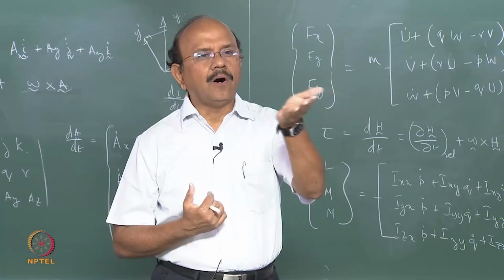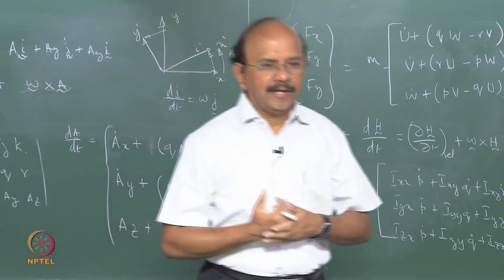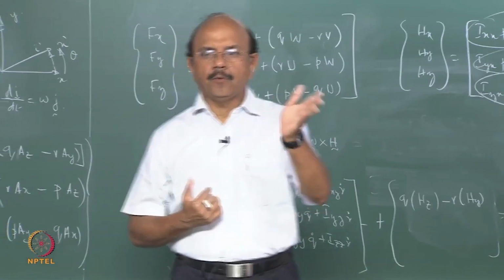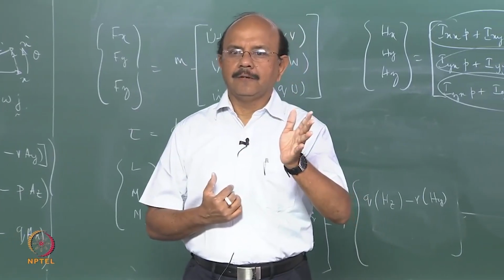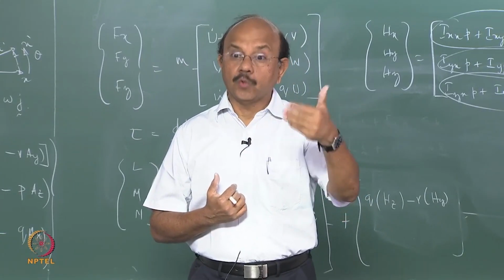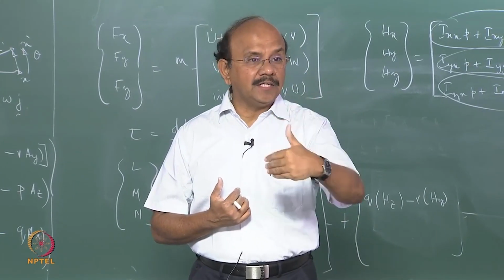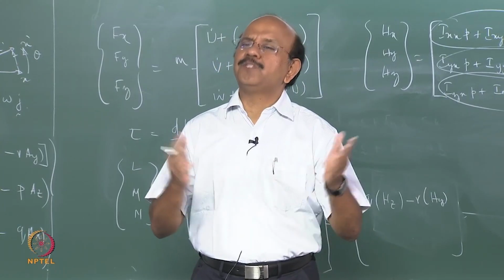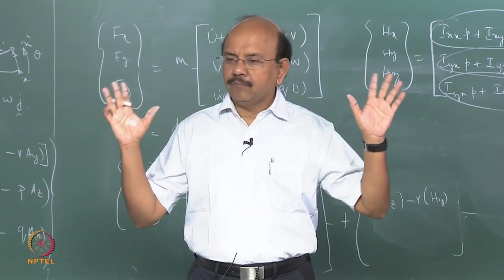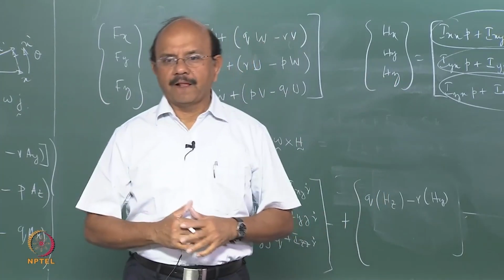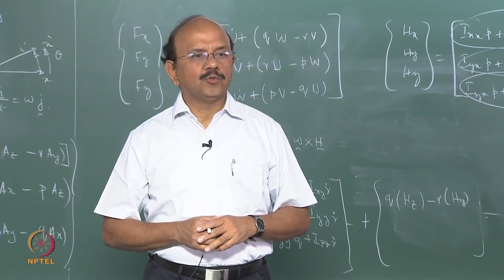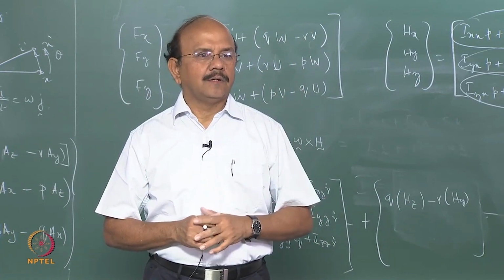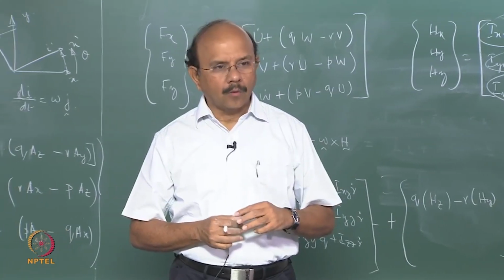Let's say that the Ixx, Iyy and Izz, what you have chosen as X, Y, and Z for the car, is the principal axis. Are they? May not be. But if you choose them to be the principal axis, all the other terms go out.